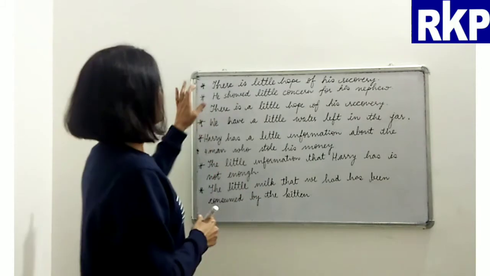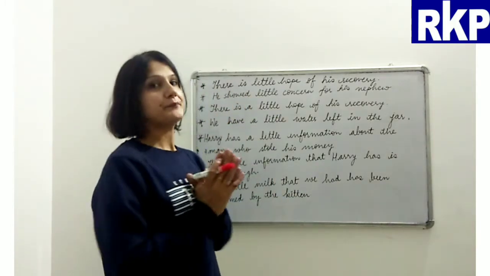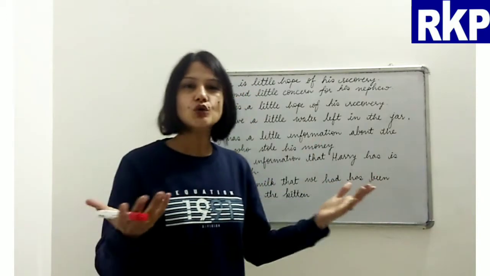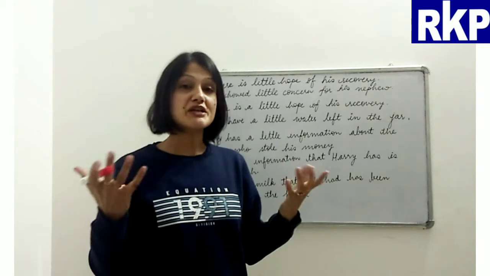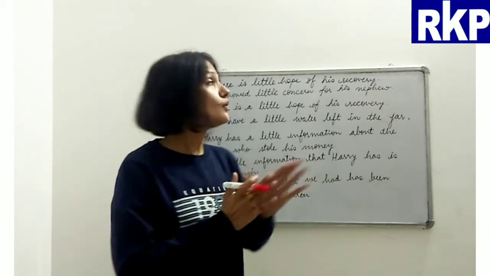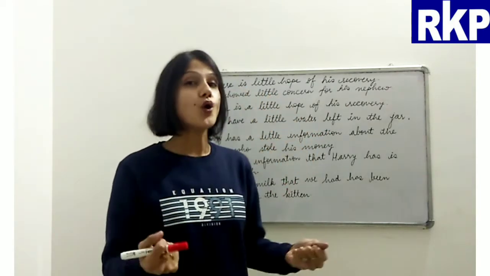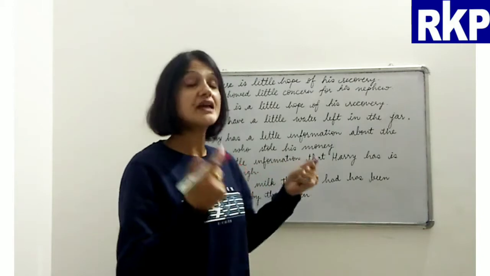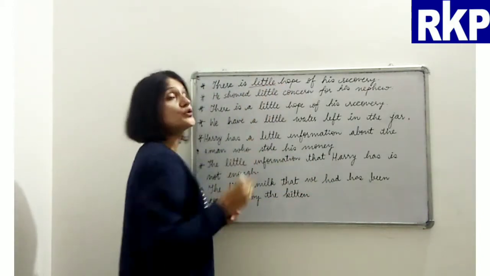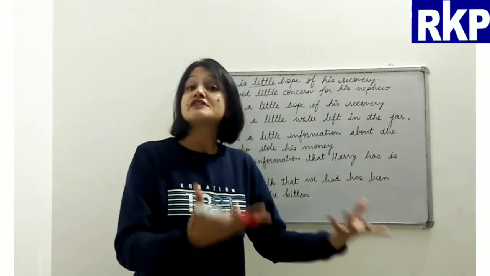Now there is little hope of his recovery. Okay, of course there is somebody whose situation is critical, who is serious right now. And the doctor says that there is little hope of his recovery. Now beta, I have already told you, whenever we use little, it gives a negative sense.